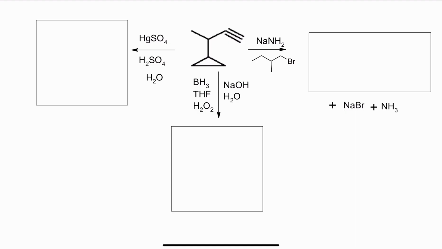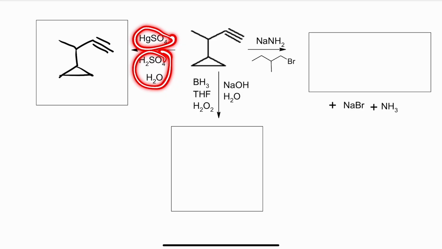All right, let me redraw this and just bring it over. Okay. So when I look at this, I think of basically what I would have had to have memorized from the reaction sheet: what does this do?